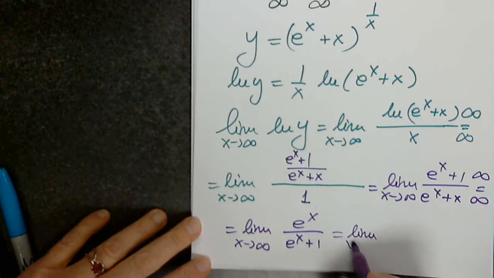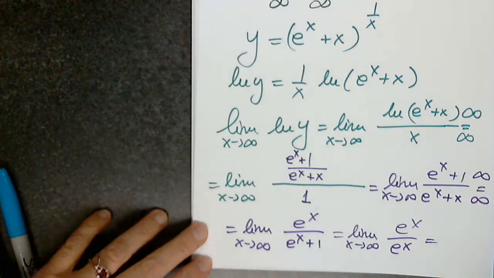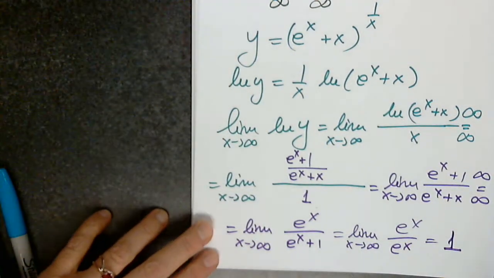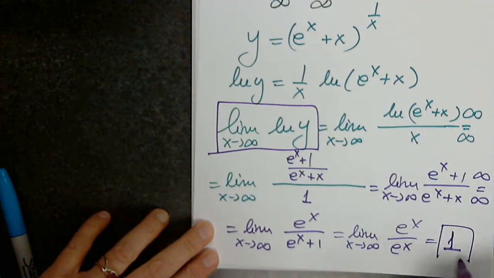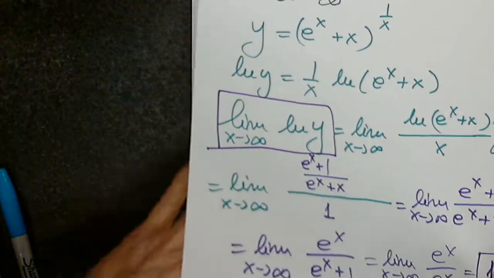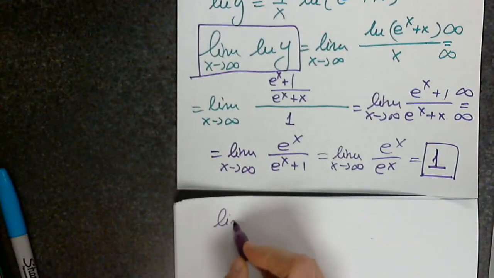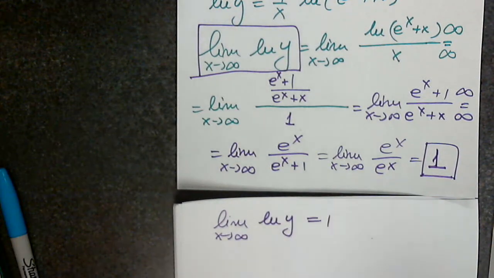So this is the limit as x approaches infinity of e to the x over e to the x. And now this is no doubt 1. So then I look at the first step and the last step and I put them together so I can see what's needed next. So the limit as x approaches infinity of natural log y equals 1.